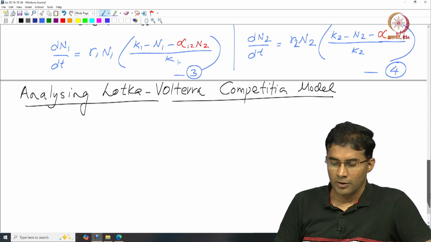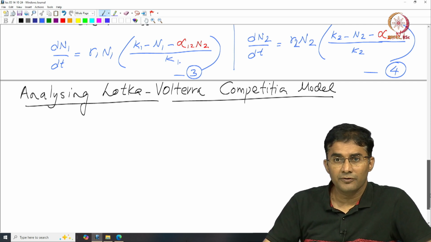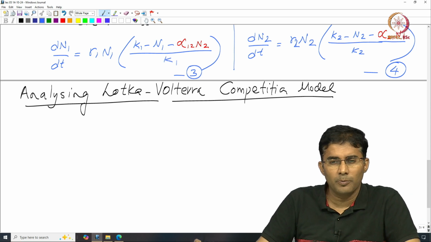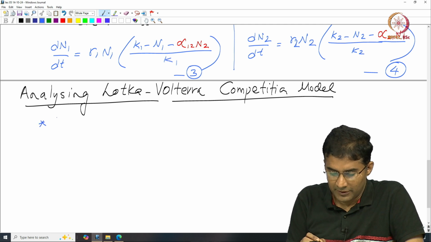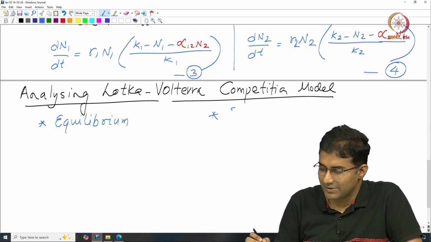Okay. So, how do we go about doing this? Remember that when we studied the logistic population model, we studied the concepts of equilibrium and we studied the concept of stability.